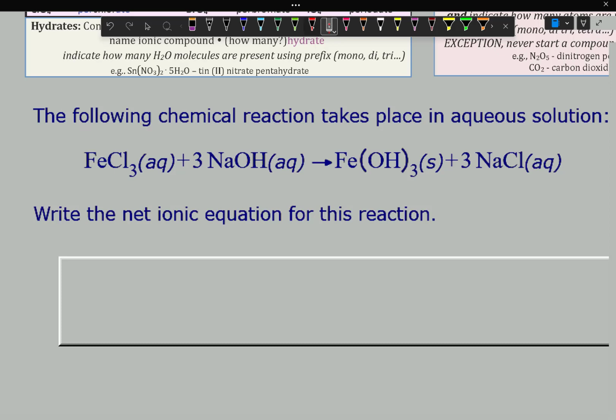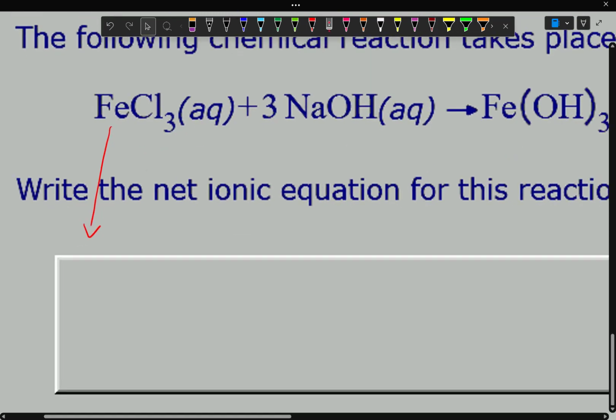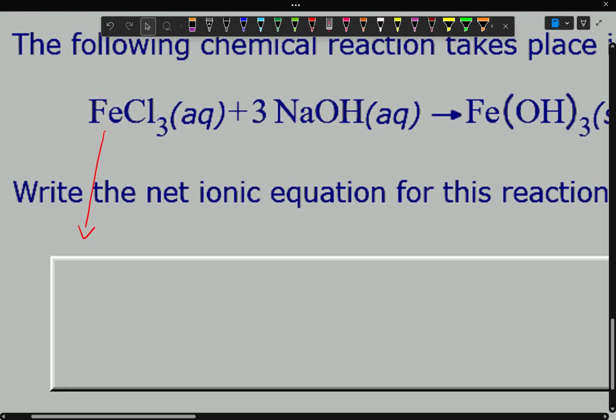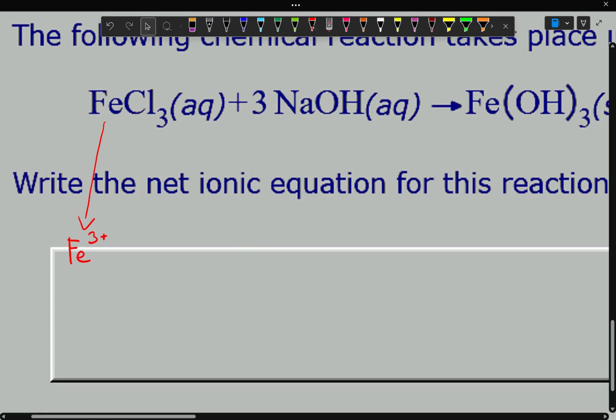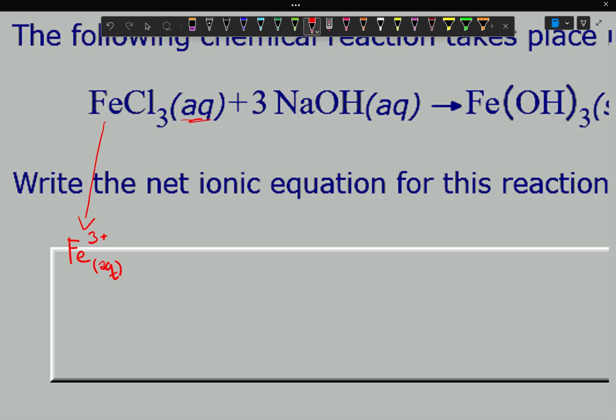So when we split this into its cation and anion, our cation is going to be iron with a 3+ charge, and an aqueous state because we're aqueous.